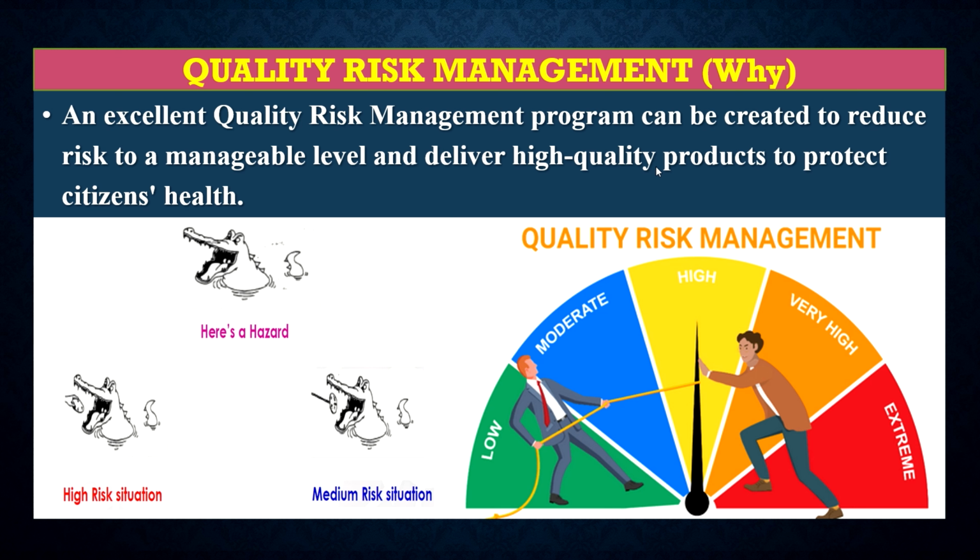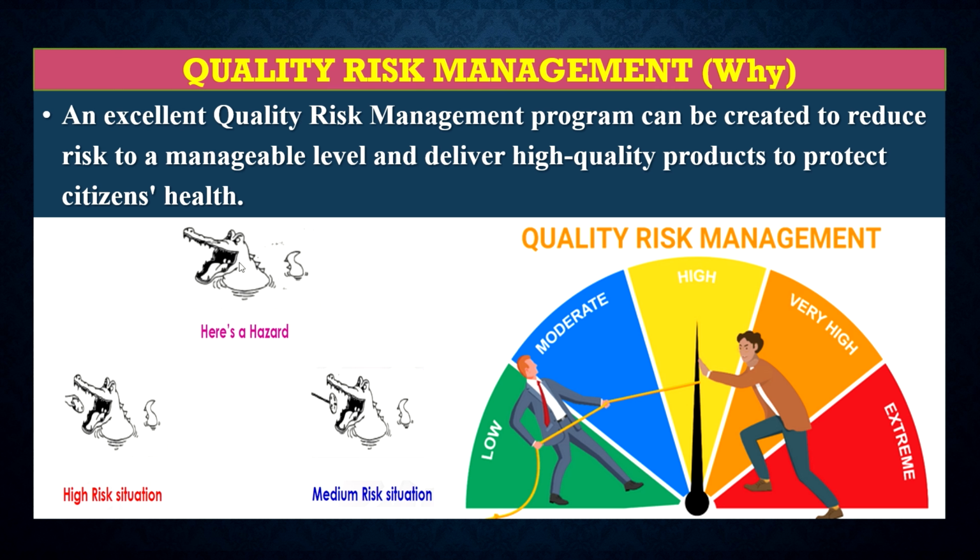Sometimes we can eliminate the risk, sometimes we can reduce the risk, sometimes we cannot eliminate or reduce it. Then we need to take that risk to a manageable level with control measures in order to deliver high quality products. That is the reason this QRM came.